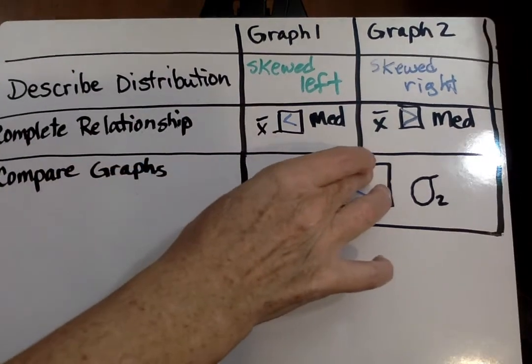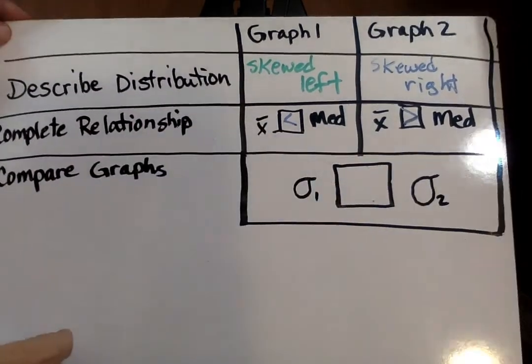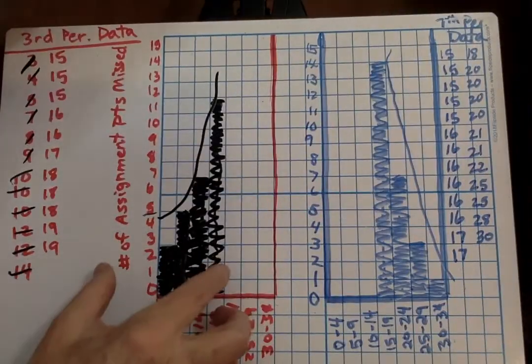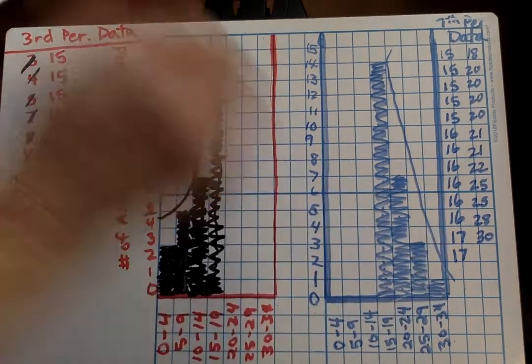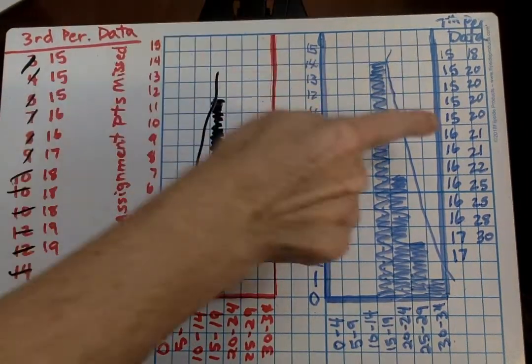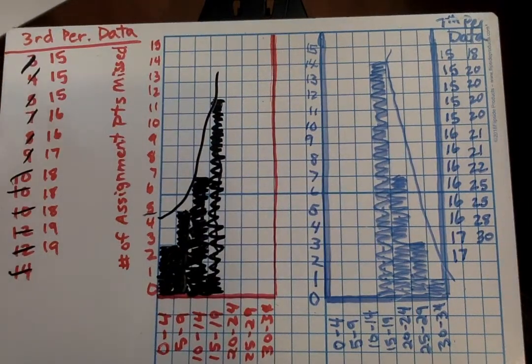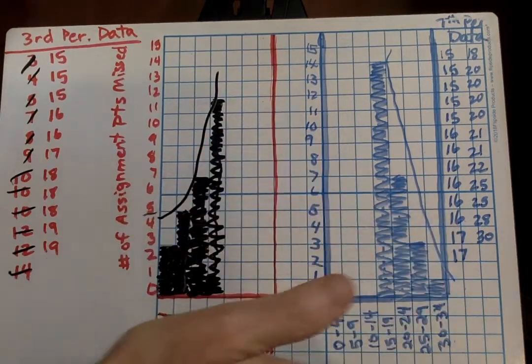Actually, this data on graph 1 is spread out a little bit more than this data. Although this one goes from 15 to 30, this goes from 3 to 19. So 3 to 19 is quite a bit more spread out than 15 to 30. So that's 15 points.